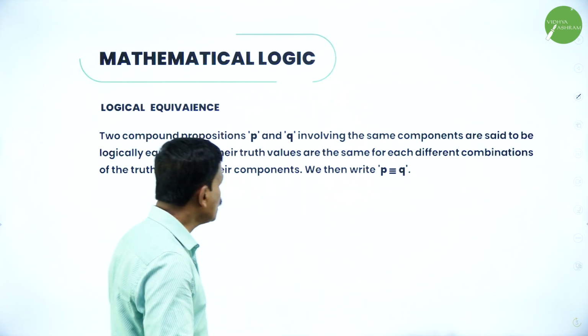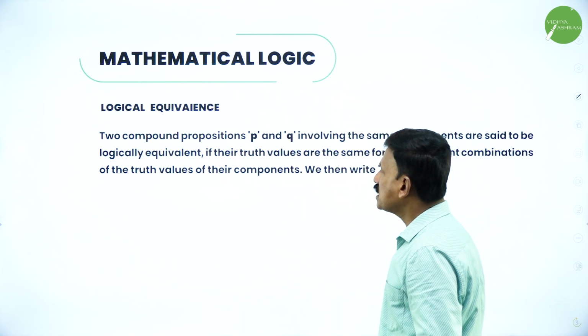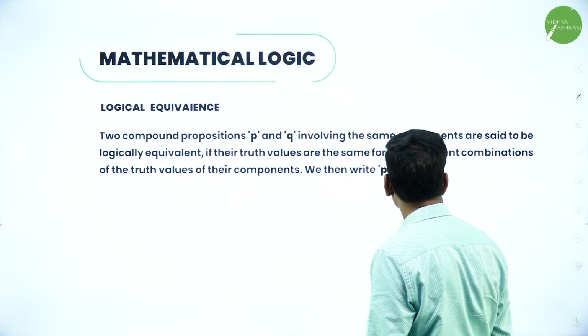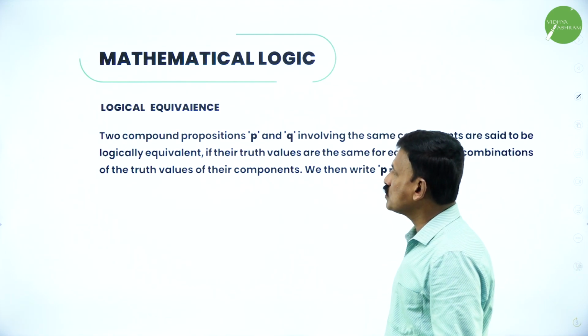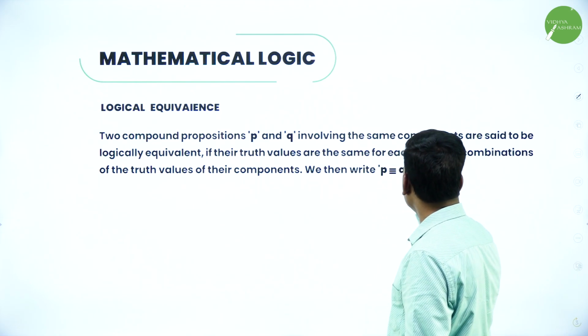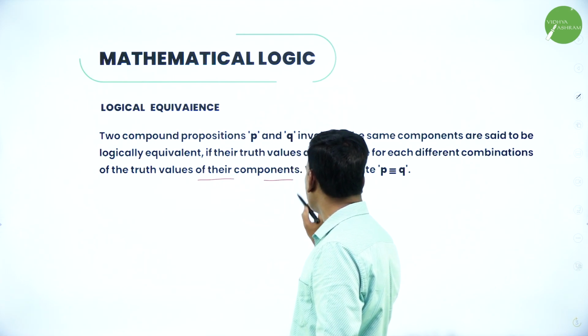Now let us know the meaning of logical equivalence. Two compound propositions P and Q involving the same components are said to be logically equivalent if their truth values are the same for different combinations of the truth values of their components.